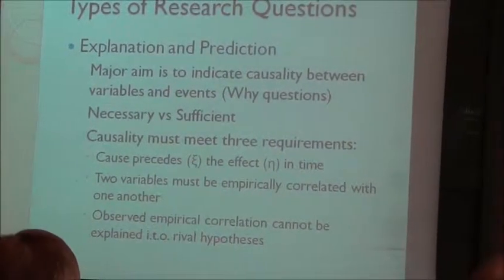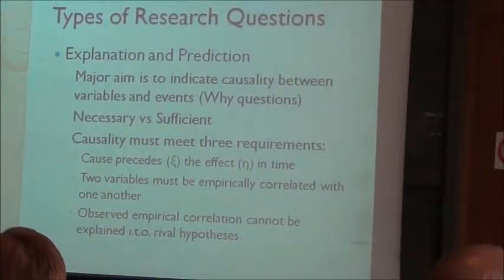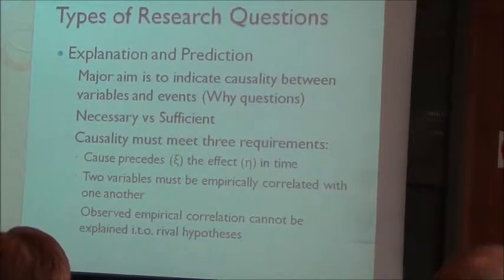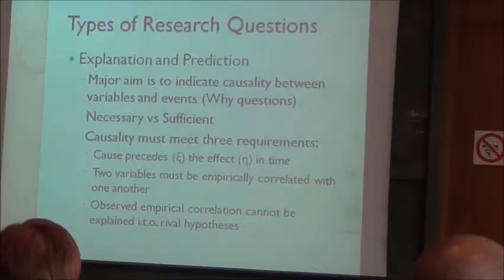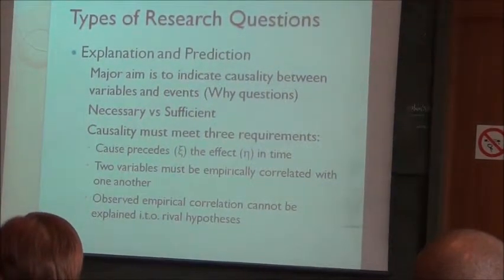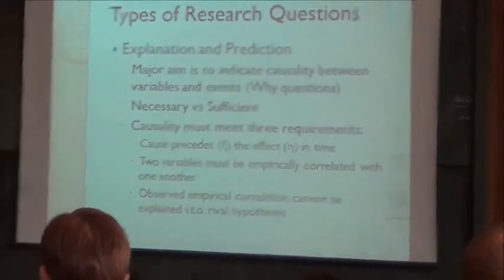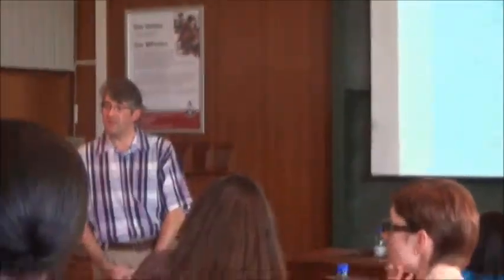So before we get there, let me ask you. So what can you tell me about a true experimental research design? What are its characteristics? Don't worry, I'll explain this.